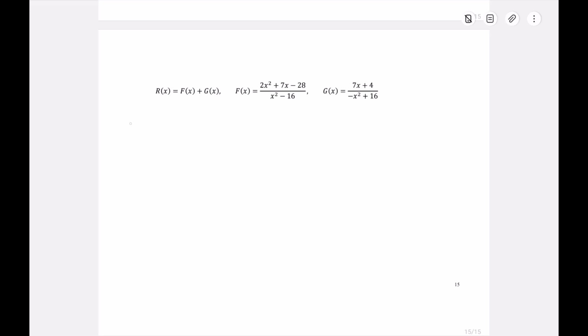So if we rewrite them, we would get 2x squared plus 7x minus 28 all over x squared minus 16. We're going to be adding those together to x plus 7, x plus 4, all over negative x squared plus 16.